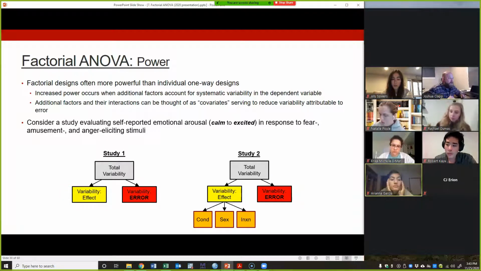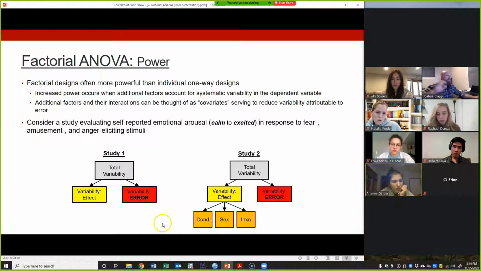If I'm seeing systematic variability in sex, is that something that I've accounted for in study 1? No. And so where does variability that we haven't accounted for go? So for our models, if I've got something that I haven't accounted for, what is that?